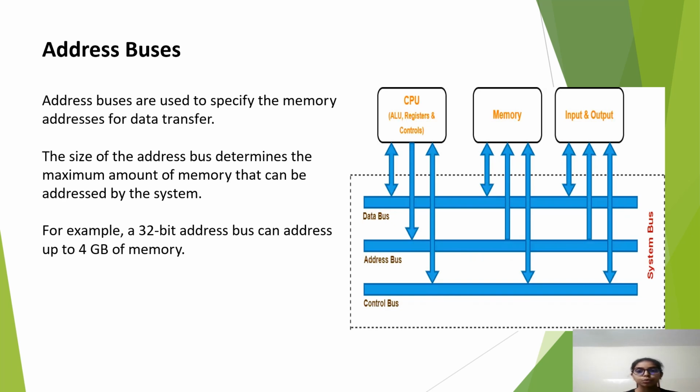As well, we know the components like CPU and memory, input and output. There are many registers available in the CPU, and the data bus, address bus, and then control bus is connected.